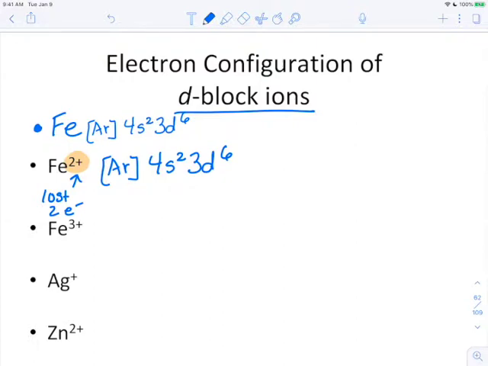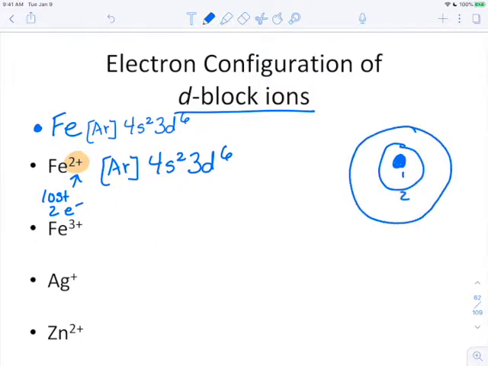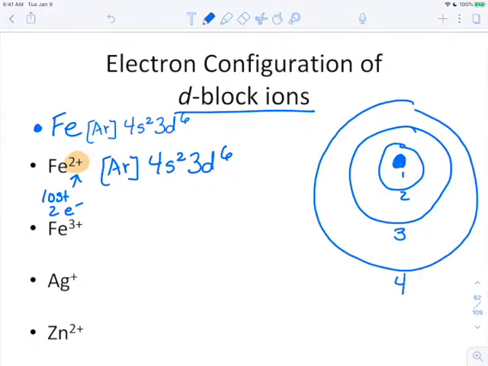Remember, if we're looking at our atom, in the center is the first energy level, and then we get to the second, third, and finally the fourth. We need to take them away from the electron that is furthest out from the nucleus, from the orbitals that are furthest away.